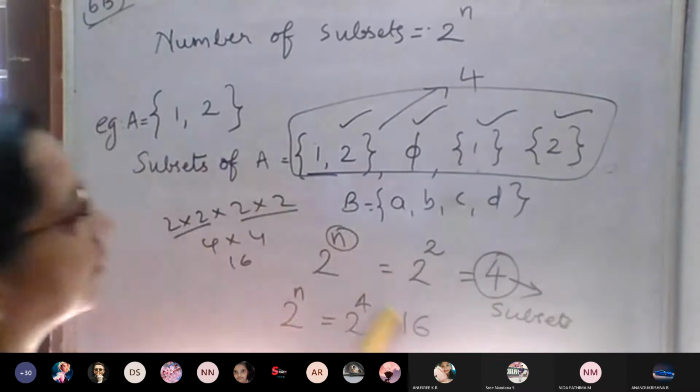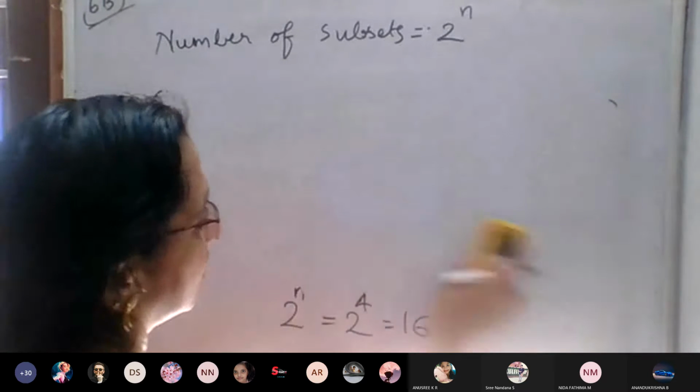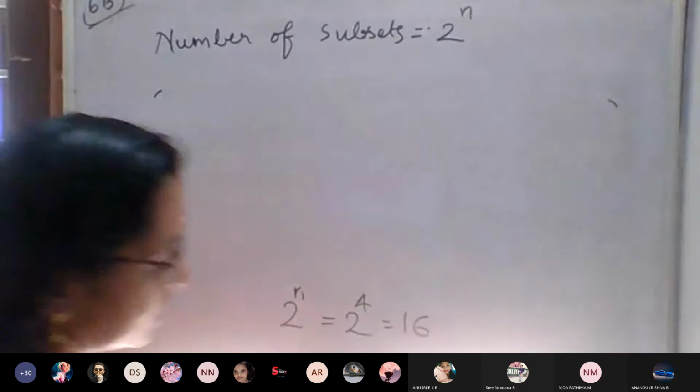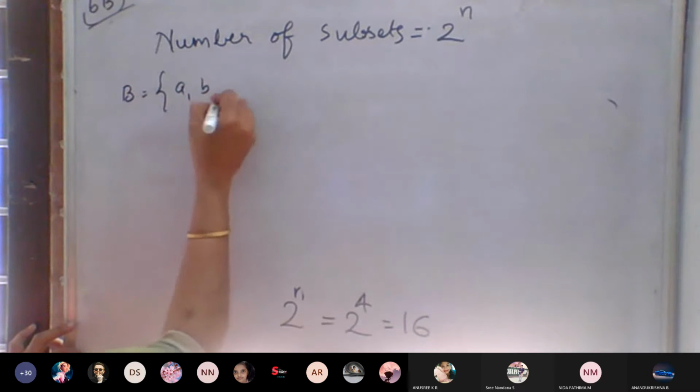So tell me which are the subsets. Don't write, I will give you. We need 16 subsets. Our set B is {A, B, C, D}.